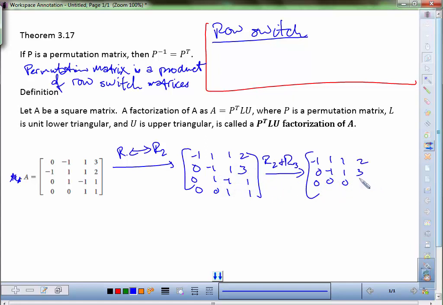And then 3 plus 1 is 4. So it looks like at this point, this is not the row echelon form that I want, right? And so I needed to have switched row 3 and row 4 first. So this is where I'm going to backtrack a little bit.